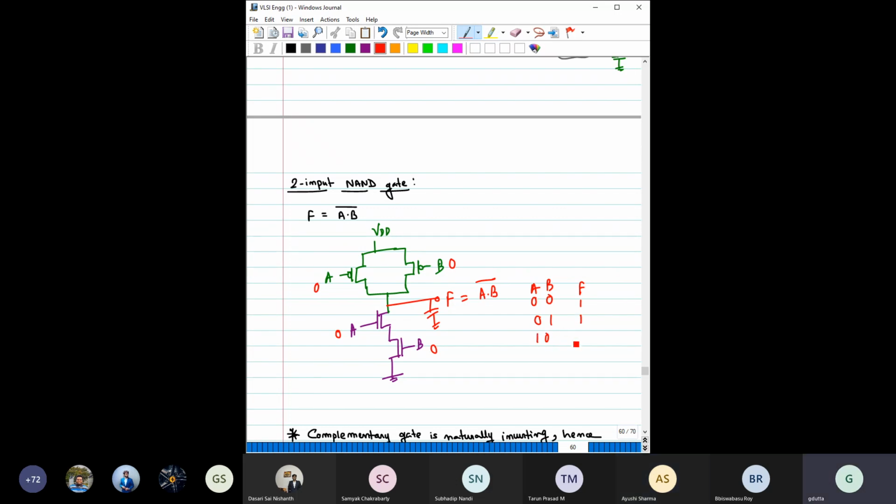For this case also, 1. For 1 1, the capacitor would discharge, so 0. The capacitor would discharge because now this is on, so it has a direct path to discharge. So the capacitor would discharge and the output would fall to 0. So definitely we can see that it is working as a two input NAND gate.